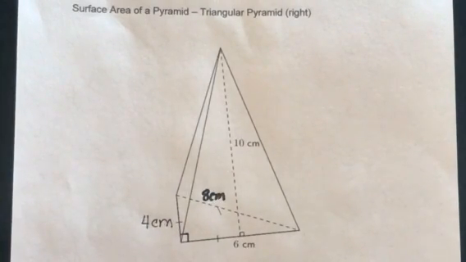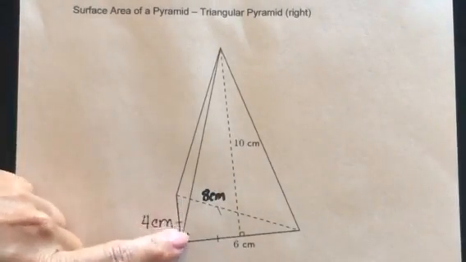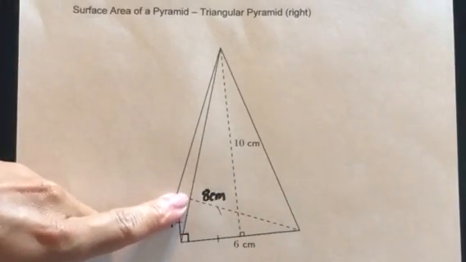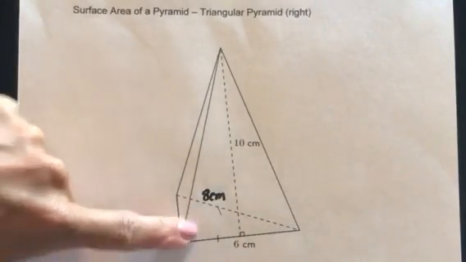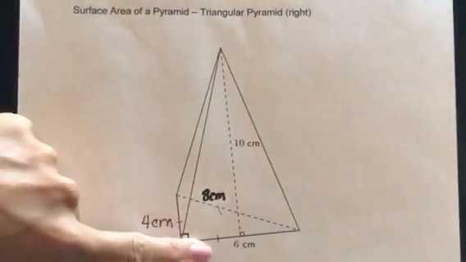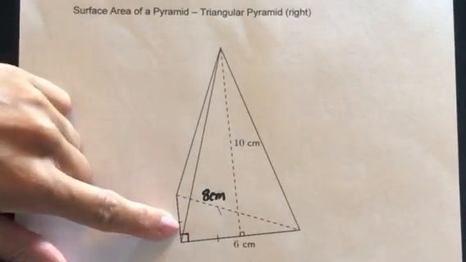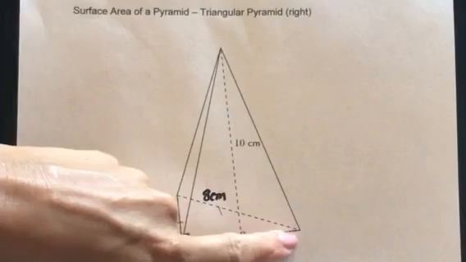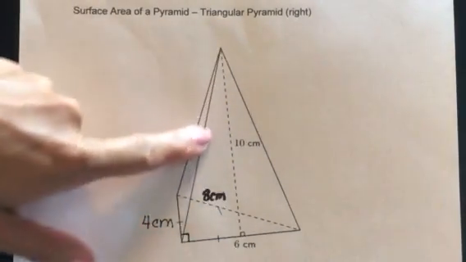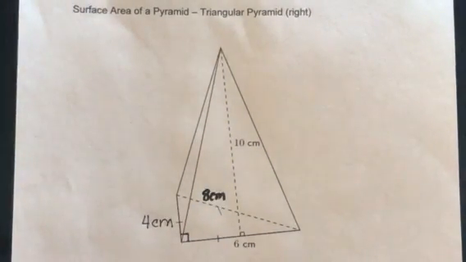On a pyramid, if you can see, we have this base that's a right triangle, and then coming up from the base we have one triangle. There's another one hidden on this side, making it two triangles, and then we have this one in the back that we can't see, and that would make it four triangles.